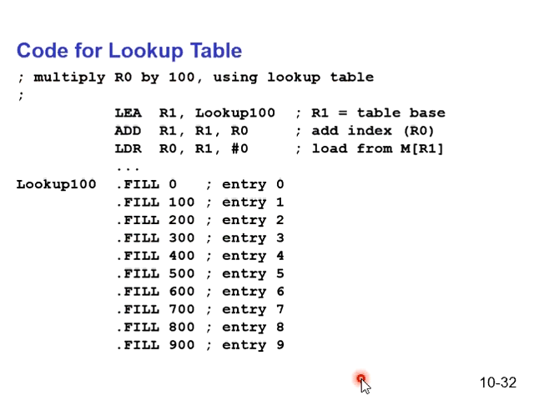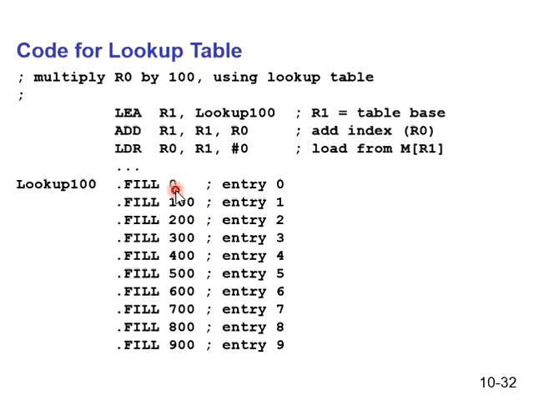Now you have the code for the lookup table. What is the function? You want to multiply R0 by 100, and we use the way of a lookup table. Over here we can define a table, so we call it lookup 100.